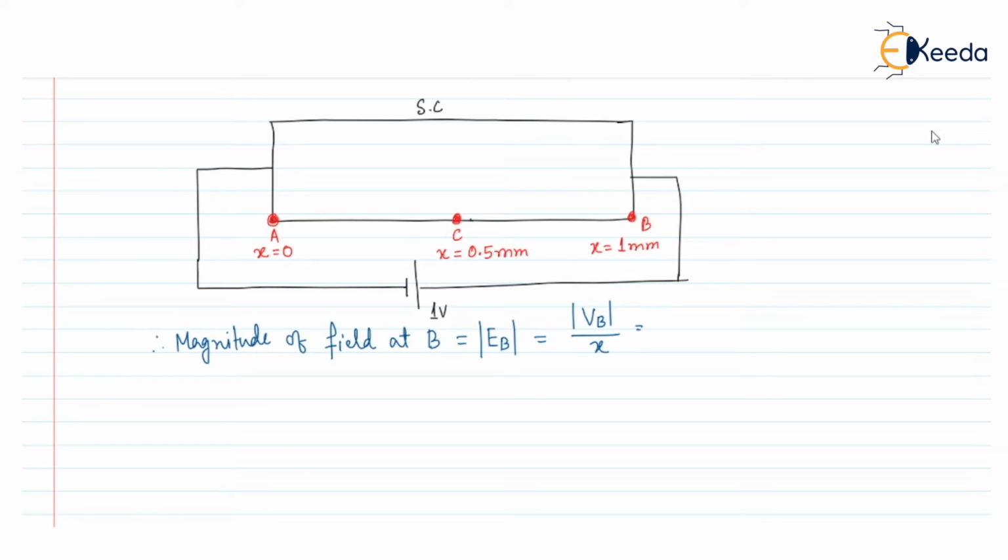So the potential at this B point will be 1 volt, because I have applied 1 volt here.